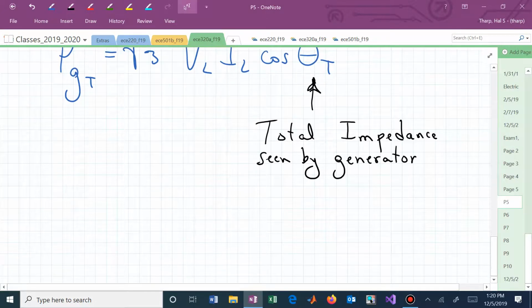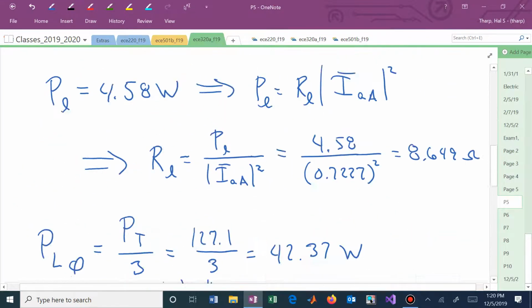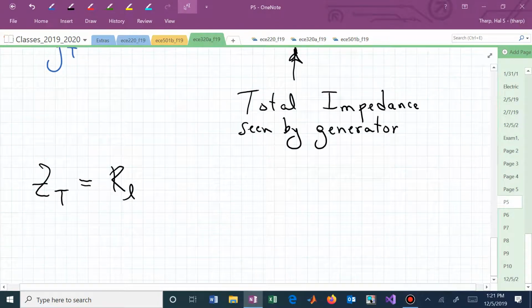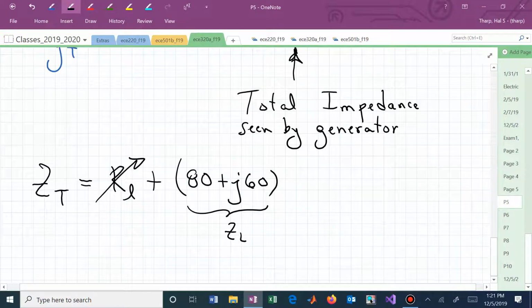The total impedance now is R sub little l, plus the impedance of the load. And this was somewhere 8.649.